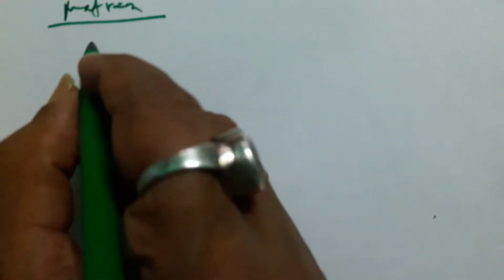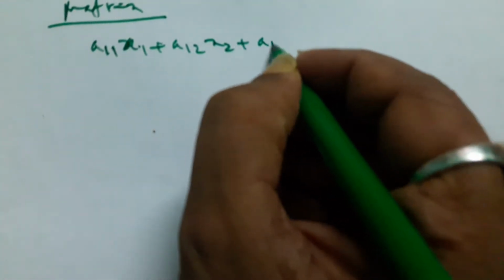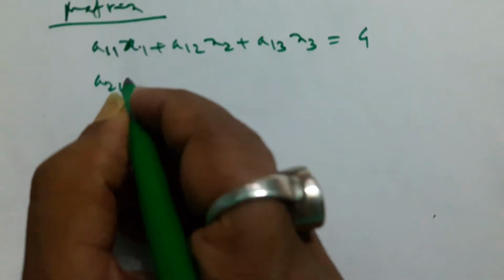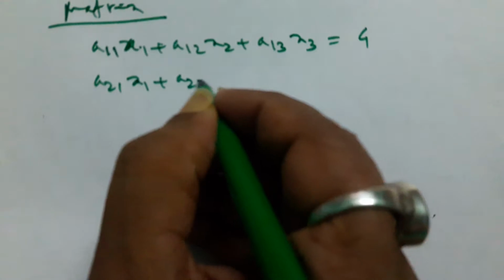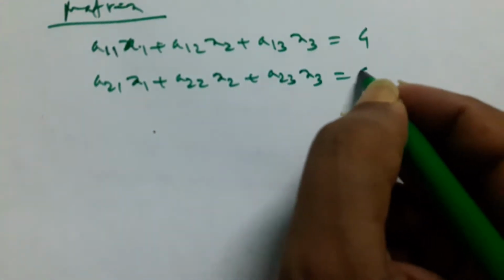Now we discuss the idea of a matrix. In the case of a matrix, consider a simple linear equation with coefficients: a11 x1 plus a12 x2 plus a13 x3 is equal to 4, and a21 x1 plus a22 x2 plus a23 x3 is equal to 5.